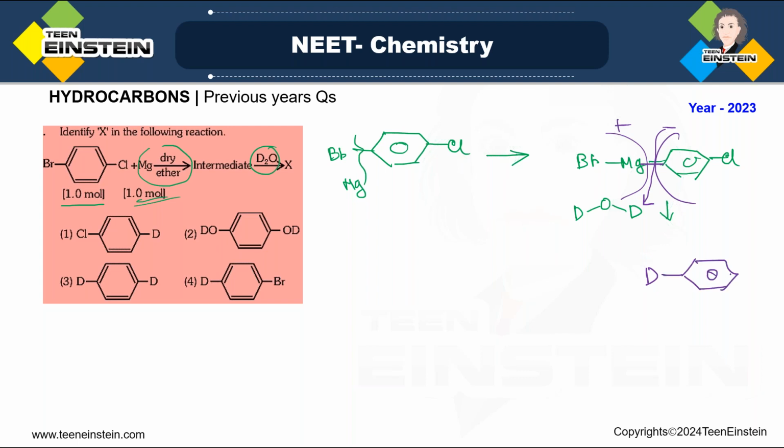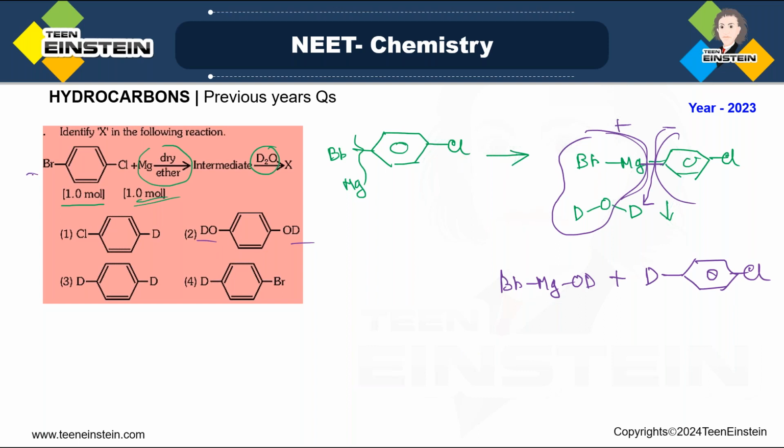Now you will get this type of product, and as the fate of the rest, you will get Mg(Br)OD. So it is deuterium-substituted chlorobenzene, which you will get from option 1. Now, why are the other options not correct? Because this type of product is absolutely nonsense. It is not possible. You can easily cancel these options.